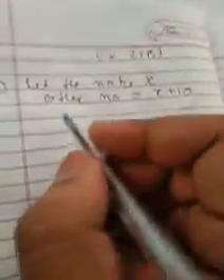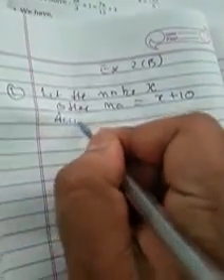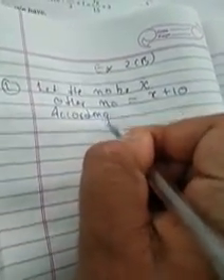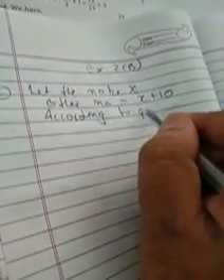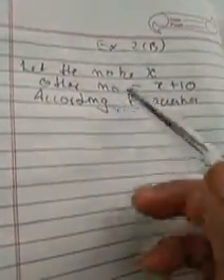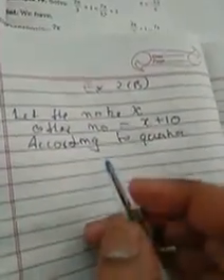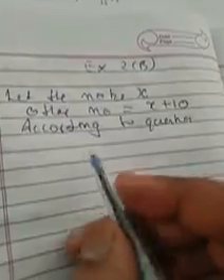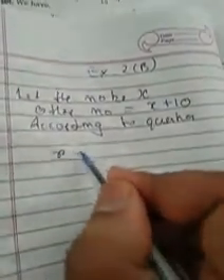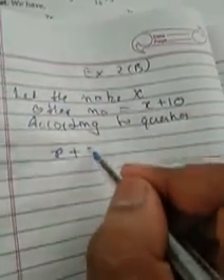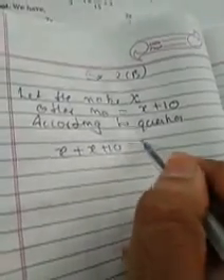Now, according to the question, when we sum these numbers, this will be equal to 74. So x plus x plus 10 is equal to 74.